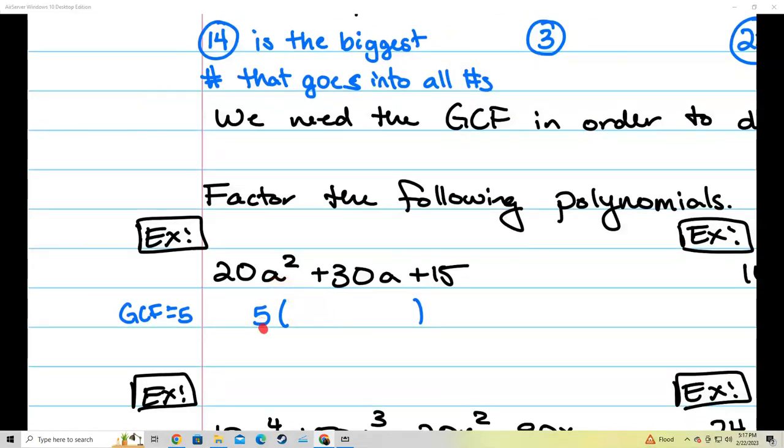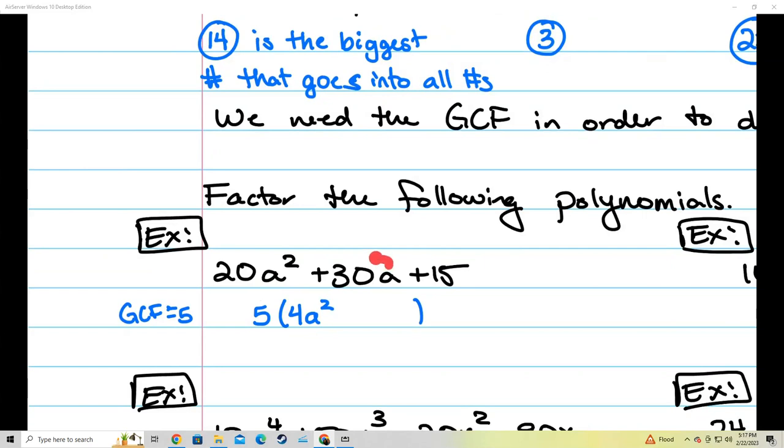Well, I know that 5 times 4 will give me the 20. And because I don't have any a's over here, I would need 2 a's to match up with that a squared. So that takes care of the first term. If I were to multiply 5 times 4a squared, I should get that 20a squared right back.